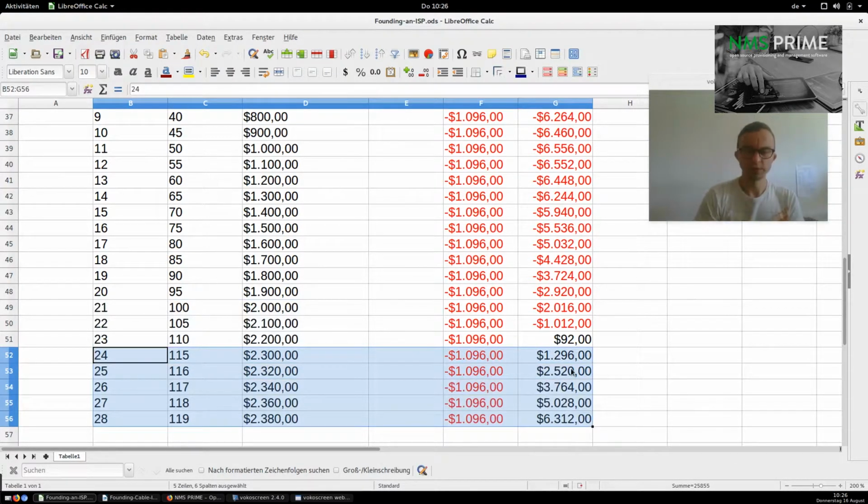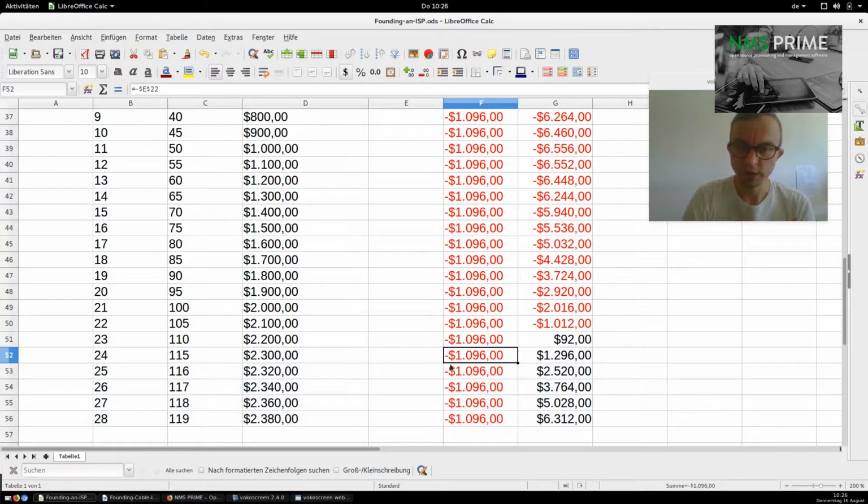So afterwards you see that if we have survived 2 years and have more than 100 customers, then our bank account will go into positive numbers. Of course, if we reach this kind of level, there's also the next step, maybe of hardware investment, maybe at, let's say, 150 or 200 customers. But this is not the topic until now.